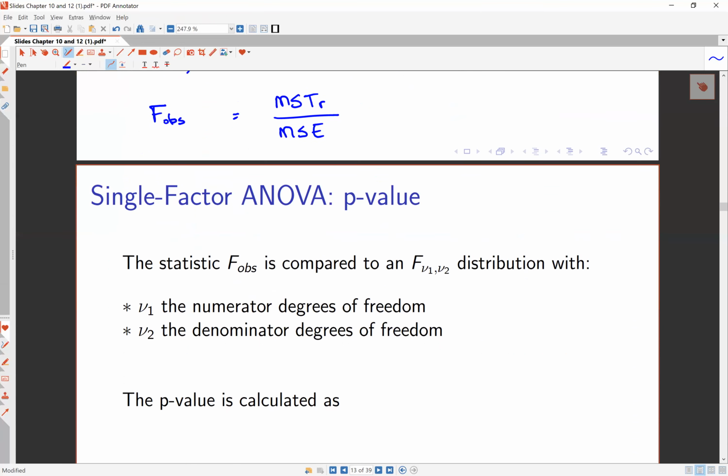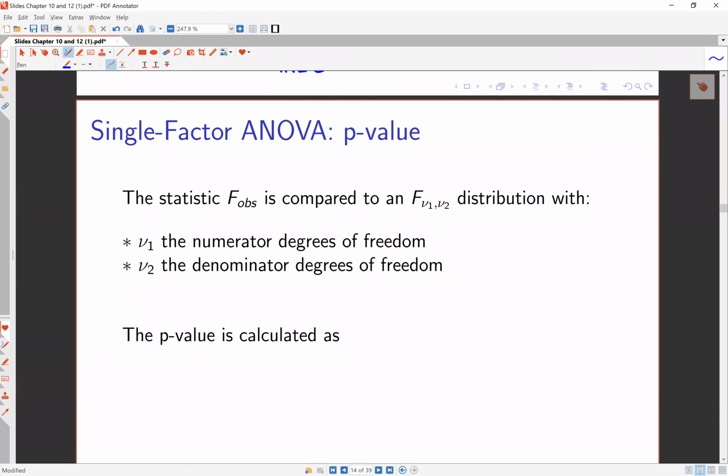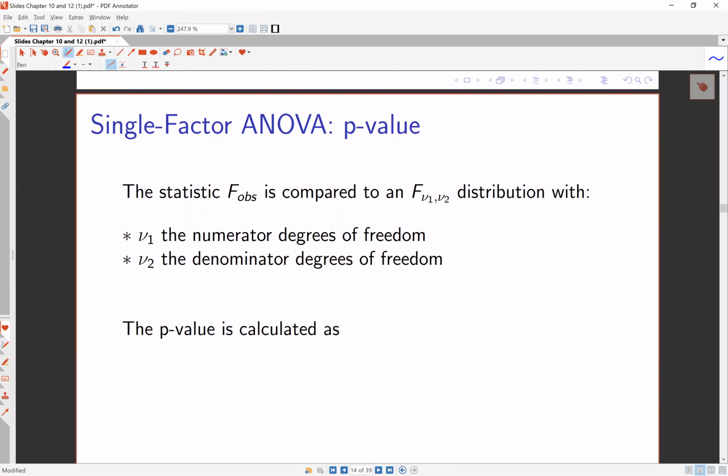And this follows a new distribution to us in this class, an F distribution with 2 degree of freedom quantities, nu1 and nu2, the numerator and denominator degrees of freedom. The numerator degrees of freedom nu1 is equal to I minus 1.